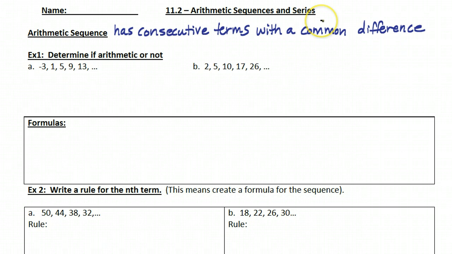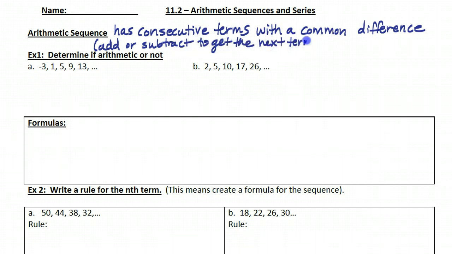And that's a fancy way of saying add or subtract to get the next term. And you have to be adding or subtracting the same number every single time. So it's only considered arithmetic if there is a specific number that's being added or subtracted. And that specific number, called the common difference, we're going to denote with the letter d. So if you see d, that means the common difference.